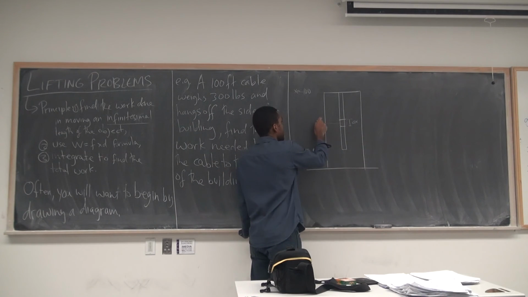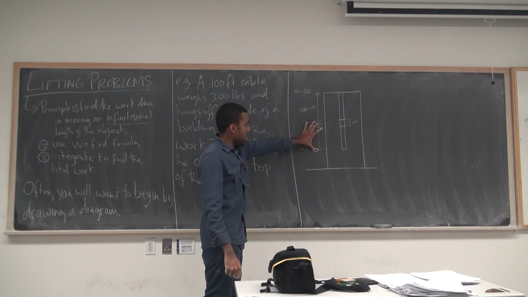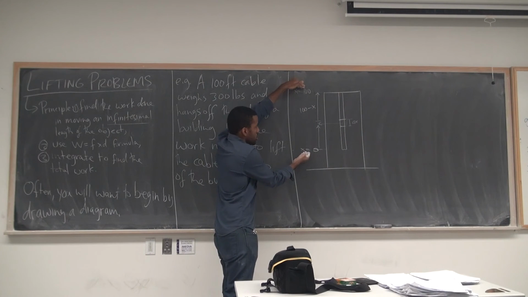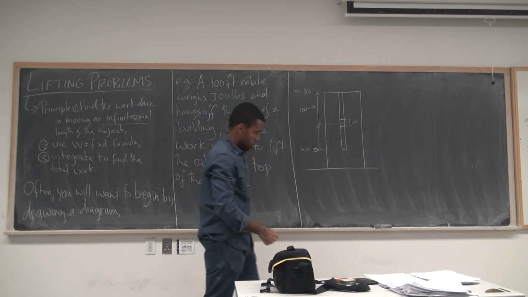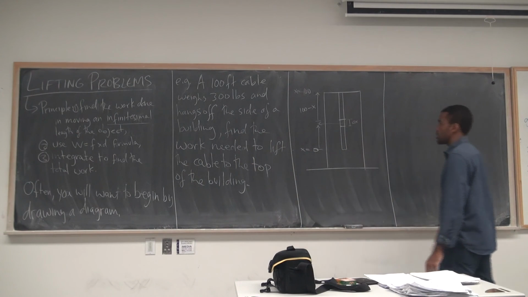What is the remaining distance to move the object? 100 minus x. If this is at location x, then the remaining distance is 100 minus x, because the whole distance is 100. So that's a basic setup of this diagram.